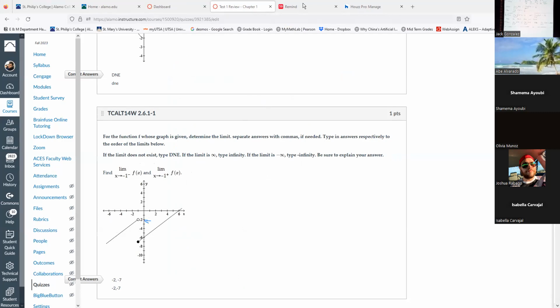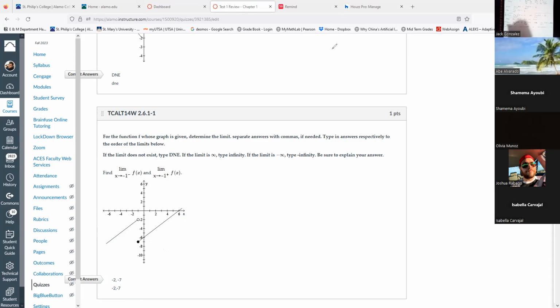As we go from the left, the y value goes to -2. To go from the right, the y value is going to -7, it looks like. Yeah, it's -7. So here you don't have to say much, just based on the graph, the y values are going to that specific value.